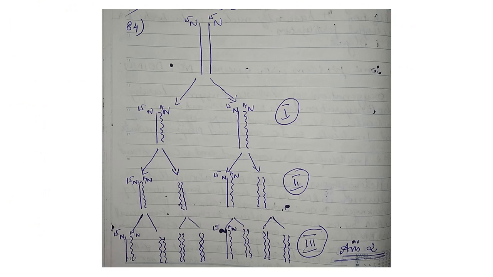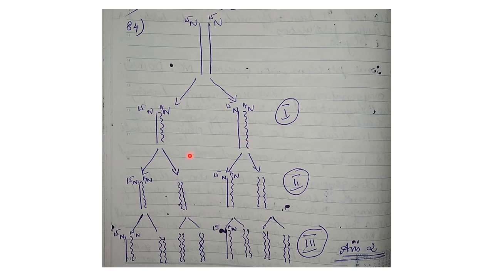So this is the answer. So this is N15, N15 E. coli DNA. Now it is getting replicated in N14 medium. So one strand will be N15 and the other will be N14. Similarly, one strand will be N15 and the other strand will be N14 because DNA follows the semi-conservative model of replication.